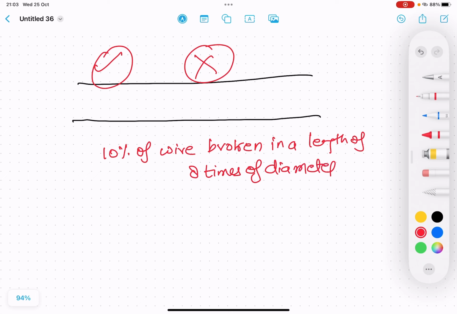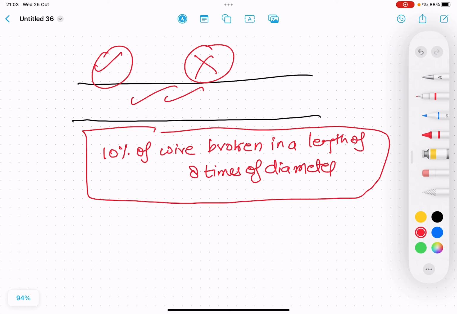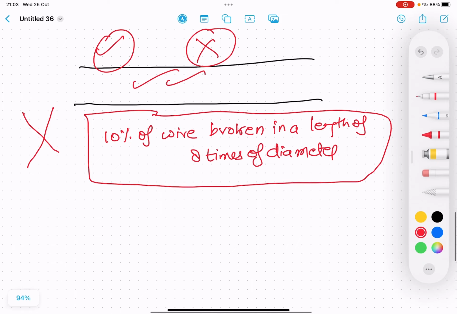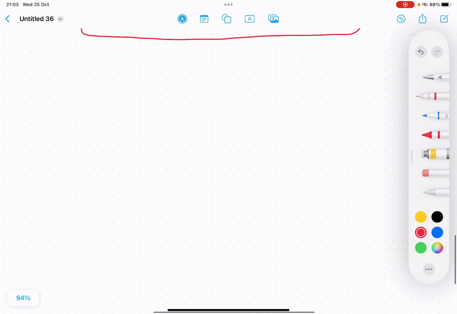If the number of broken wires in this length is greater than 10% of wires, then it will not be accepted. If it is less than 10%, then it is accepted.